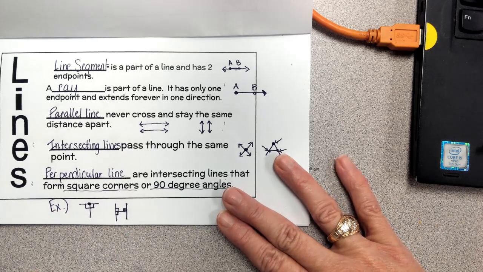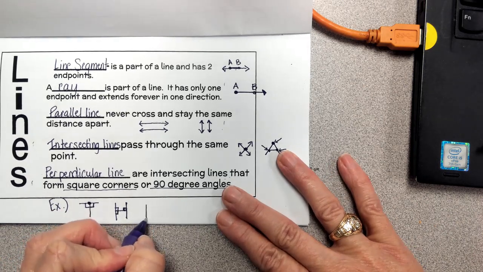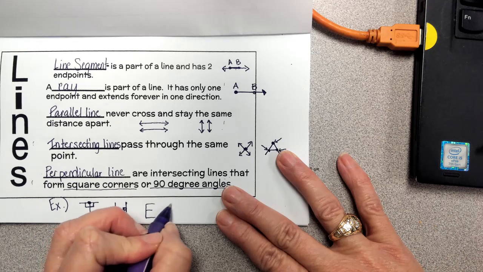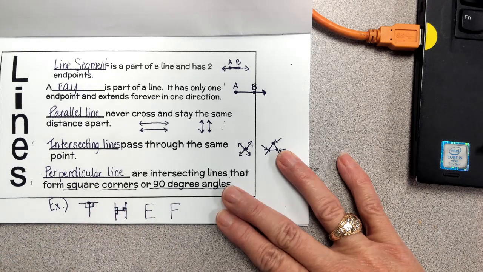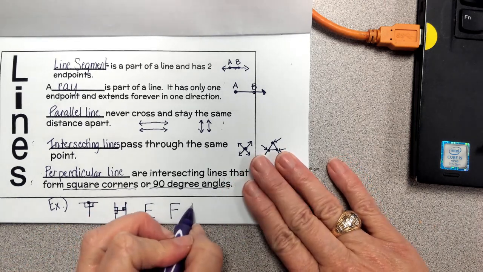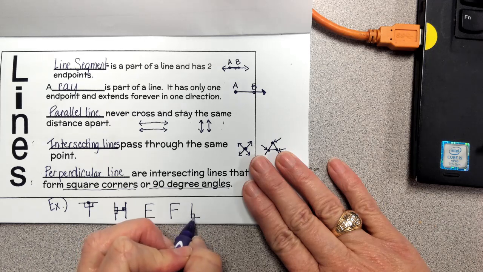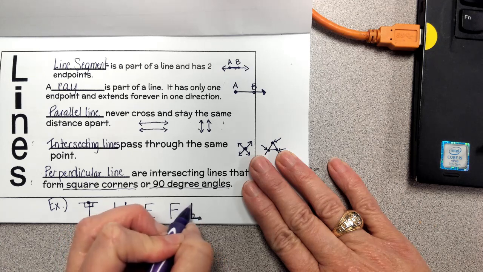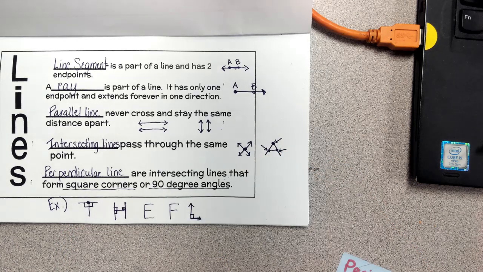Okay. Even the letter E or the letter F or even the letter L. L is very common. So you have that 90-degree intersection. Okay? All right, boys and girls, so that is page 1 of the geometry book.